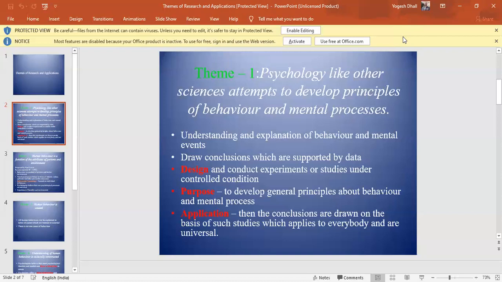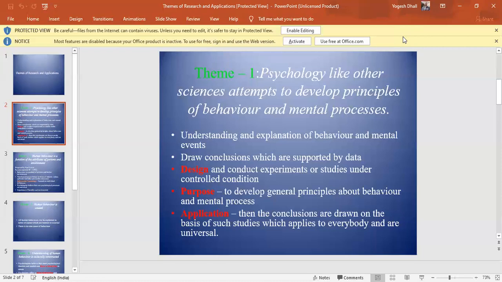So, data should be collected first, and all means of collection of information should be scientific. Data can be collected by self-reports, observations, interviews, etc. This we'll discuss in detail later on. So, whatever conclusions are drawn, they should have relevant data with them.